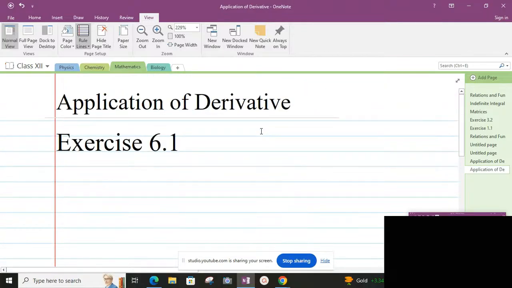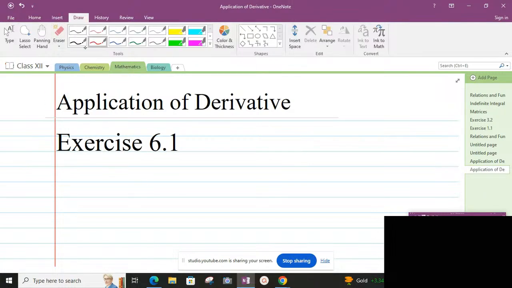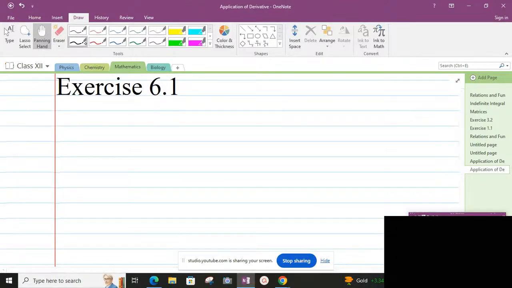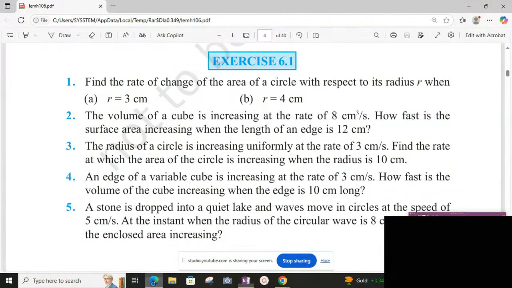Let's see the questions of exercise 6.1. Let's see question number 1. This is question number 1.